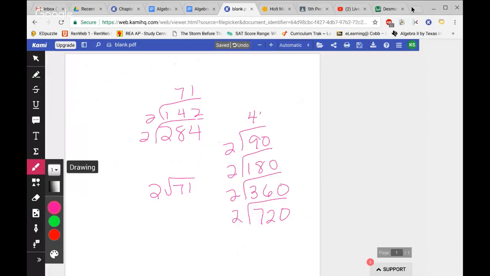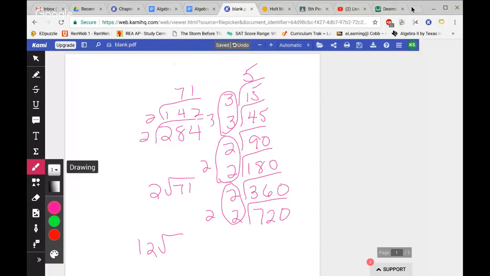This one's going to go a minute. Okay. So let's look at all the perfect squares that we have. We have a 2, another 2, and a 3. So it would be 2 times 2, which is 4, times 3, which is 12.